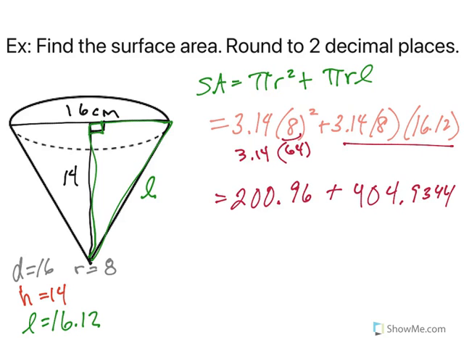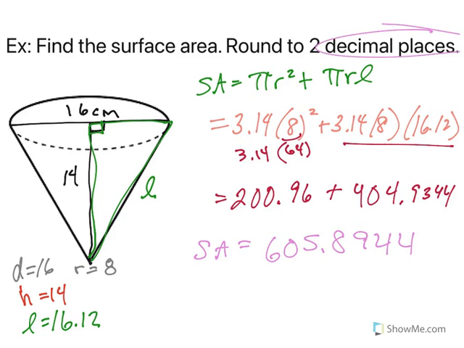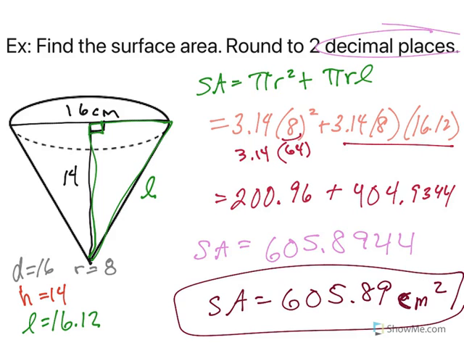I add these together, and I end up with 605.8944. Directions say round to 2 decimal places. So when I round, I get 605.89, in square centimeters. So that's a little bit more difficult one where you have to find the slant height first. Surface area of a cone.